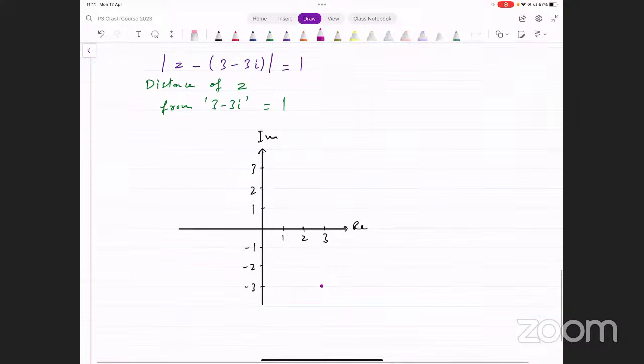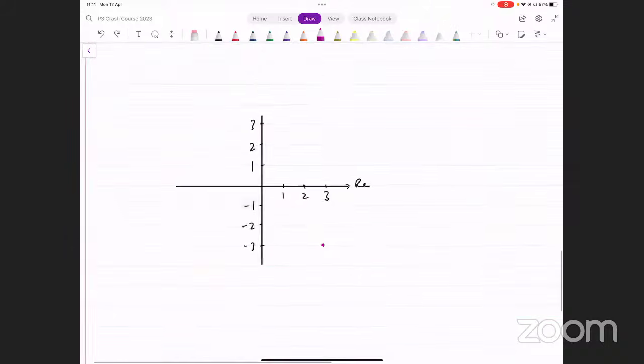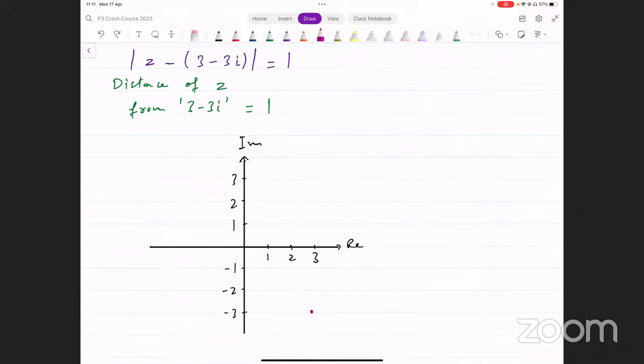Okay. Now, the distance of z from this point should be equal to 1. So it's a fixed distance from a point. There's a single point here, and the distance from that point has to be equal to 1. What's the locus in this case? The locus is a circle with radius 1.